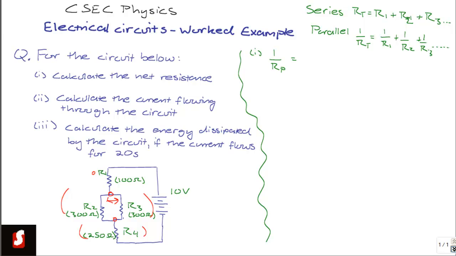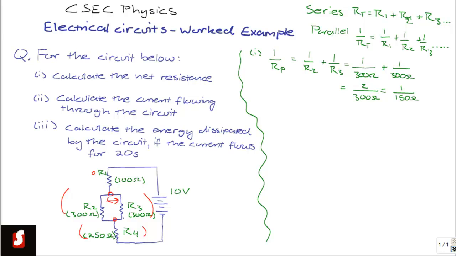1 over Rp is equal to 1 over R2 plus 1 over R3, which is equal to 1 over 300 ohms plus 1 over 300 ohms, which is equal to 2 over 300 ohms. They share the denominator, so you can add the 1 plus the 1, and that is also equal to 1 over 150 ohms, dividing through by 2.